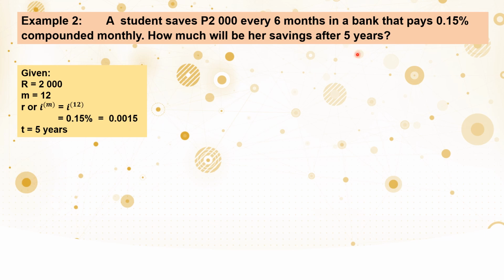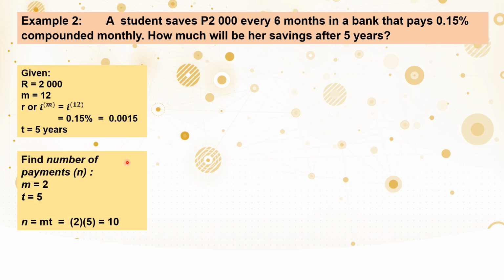And 5 years is our time. In the formula, we have N. So we need to find first the value of N, or the number of payments. How many times will the student pay 2,000 every 6 months in 5 years?